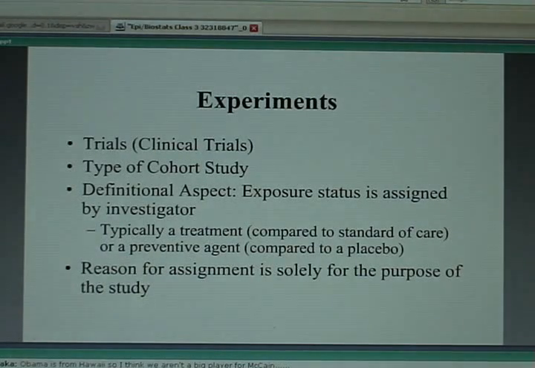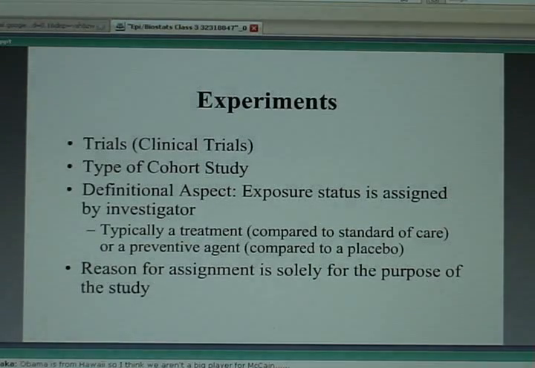But the point is that in experimental studies, people are assigned one type of treatment versus another, or one type of preventive agent versus another, not because their doctor thinks this treatment is best for them, or their public health professional thinks that this preventive agent is better than another, but the investigators assign people to one treatment arm versus another, or to one agent versus another, because they want to determine which of these two treatments is better, or which of these two preventive agents is better. So for scientific purposes, you are assigned to one treatment arm versus another.